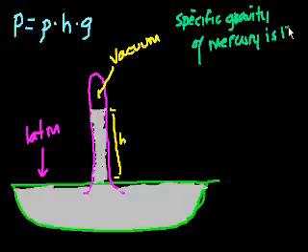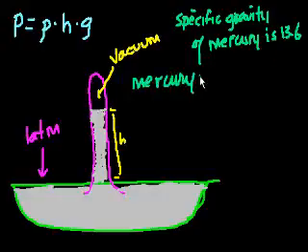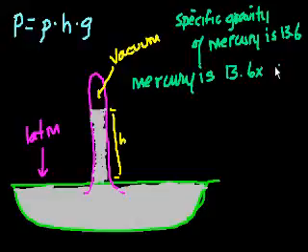That's often a daunting statement on a test when you know how to do all the math and all of a sudden you wonder, what is specific gravity? All specific gravity is, is the ratio of how dense that substance is to water. So all that means is that mercury is 13.6 times as dense as water.